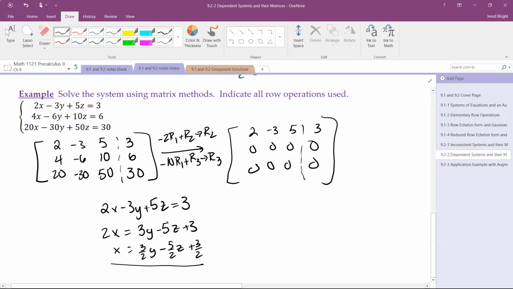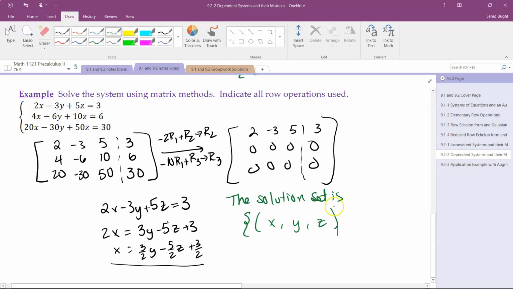Okay, now, in terms of writing your solution set, how in the world do you write your solution set? Okay, this is still a dependent system. But it's dependent, instead of on one variable, on 2 variables. So you would normally write x, y, and z, right?